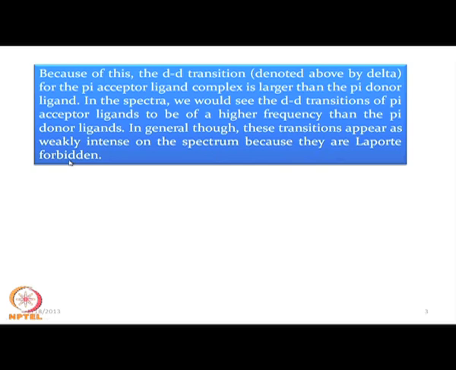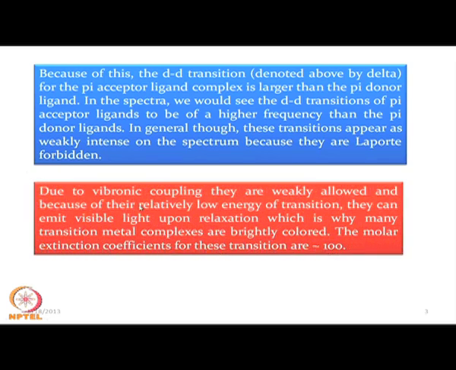Even if we have so many levels, that means the ligand pi donor or pi acceptor and the metal ion sigma, pi, as well as pi star and sigma star levels, some relaxation is definitely there. In true sense, mathematically, the Laporte rule will not allow these DD transitions, but due to some coupling which we call vibronic coupling.